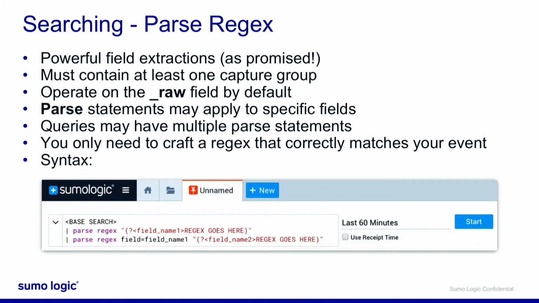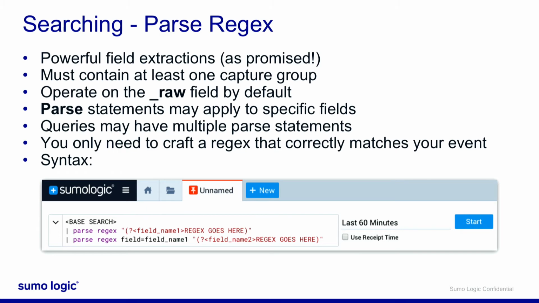Searching. This is probably where 95% of you will live: extracting specific parts of your text and writing them to a field. You must always have at least one capture group, which we see there, in order for it to be valid, and we will bug you if that's not the case.